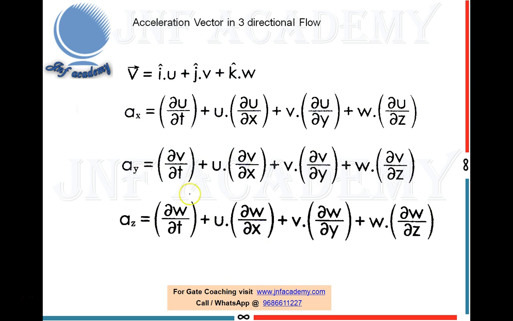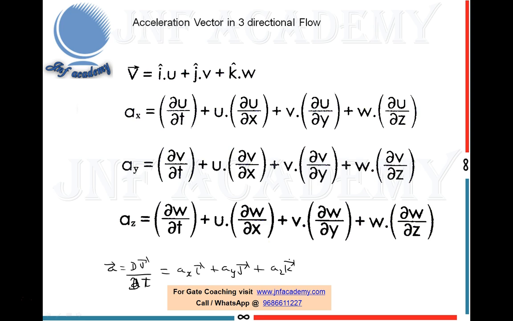Because this is a vector equation. So your acceleration vector, which is nothing but dV vector by dt, is equal to a_x i vector plus a_y j vector plus a_z k vector. Okay, so like that it will go.